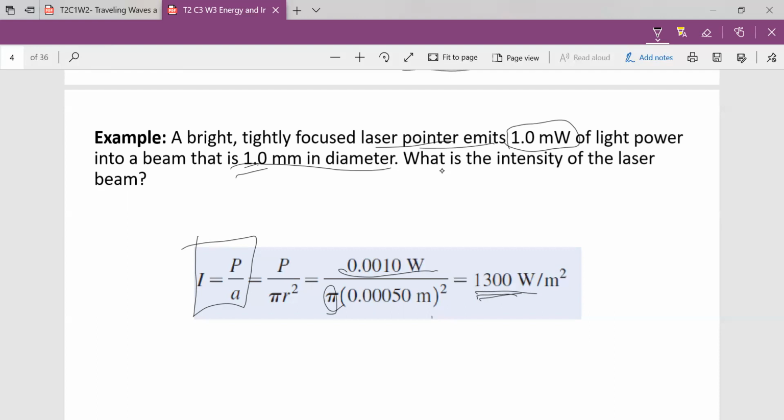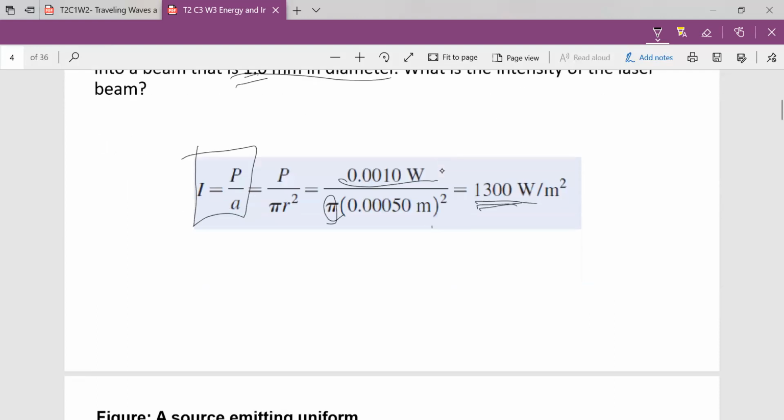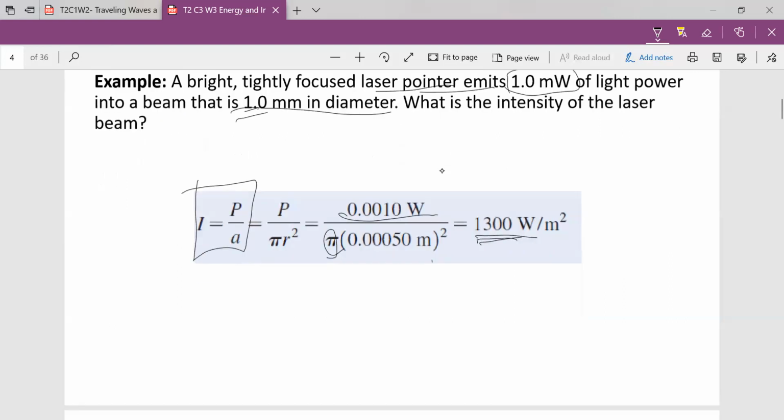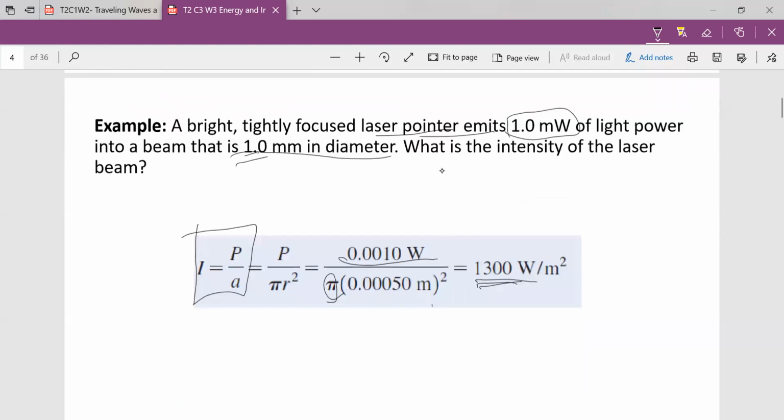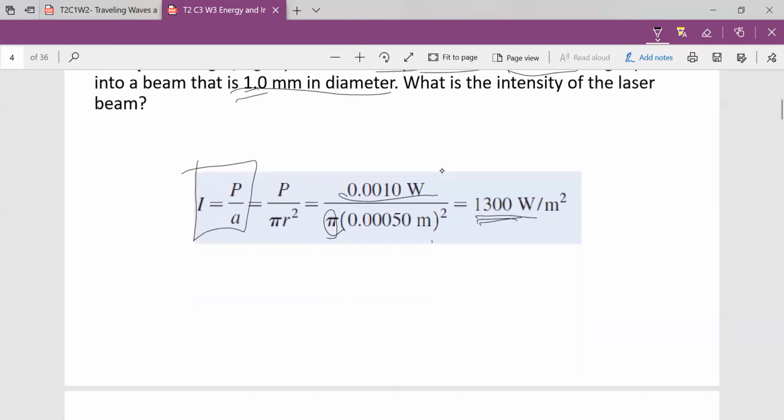All right, so that's simply the application. We can use that to solve physical problems just as represented here.